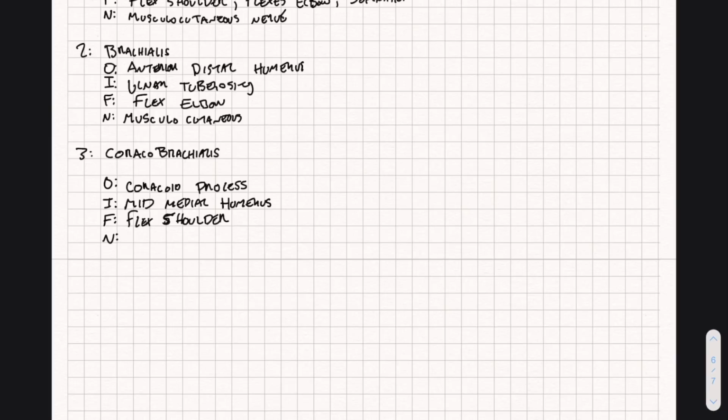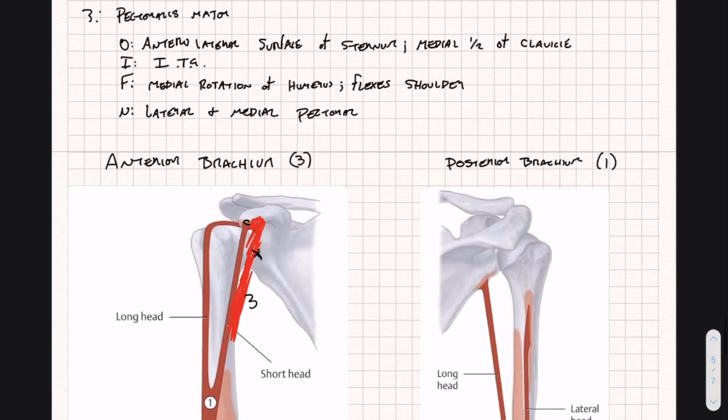Its nerve is also the musculocutaneous. So the anterior compartment, this anterior brachium, the nerve is that musculocutaneous. So if you happen to injure that nerve, you're going to have some issues flexing that elbow for sure, because these are really the only muscles that do that.